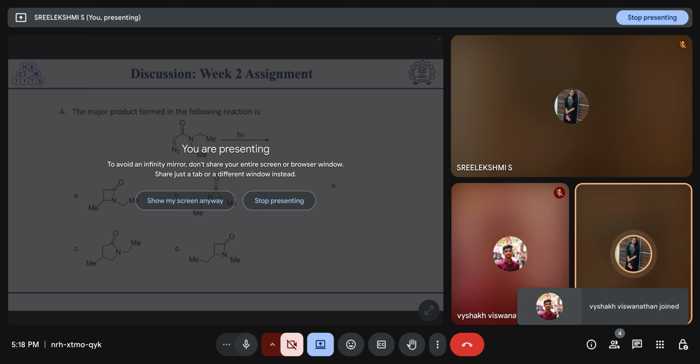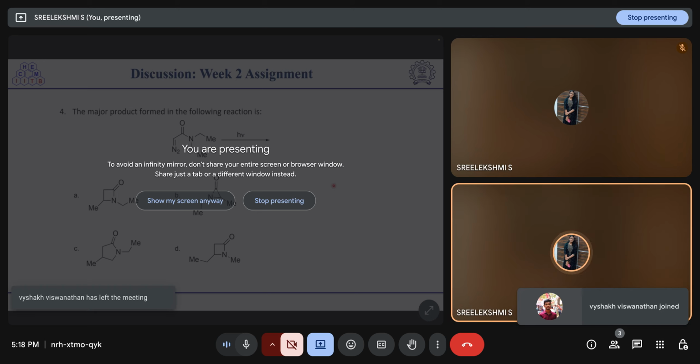What is happening here is that this is a kind of carbenoid mediated reaction. So think in that way and try to find the answer.